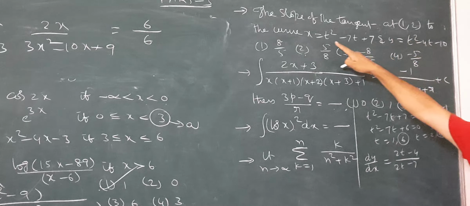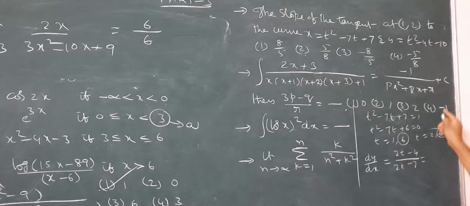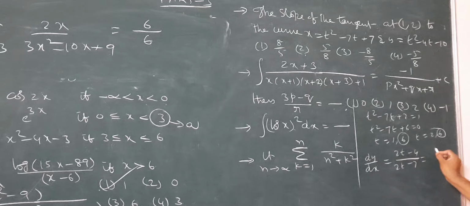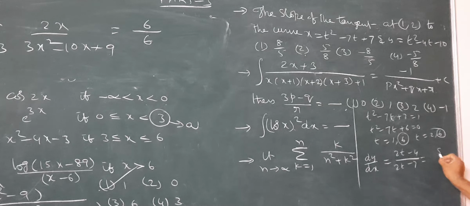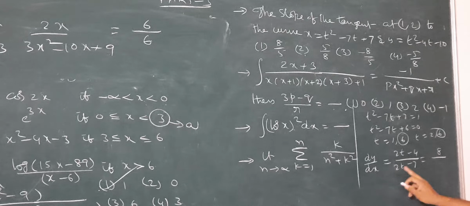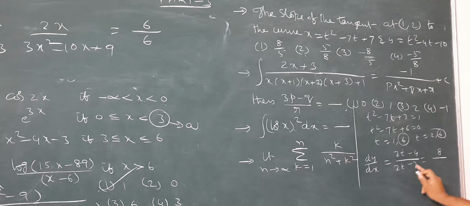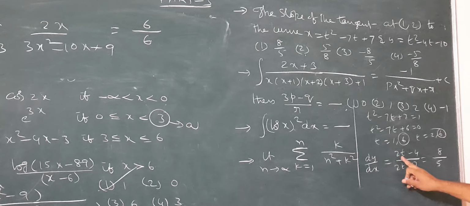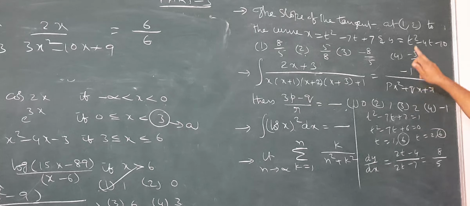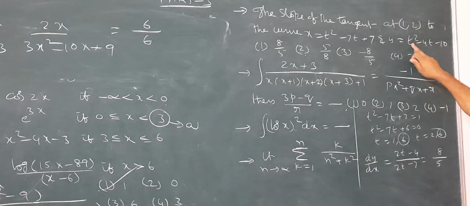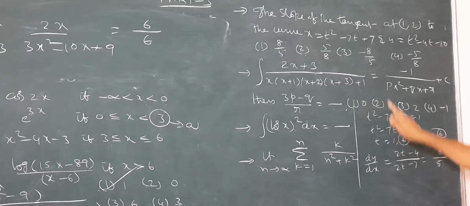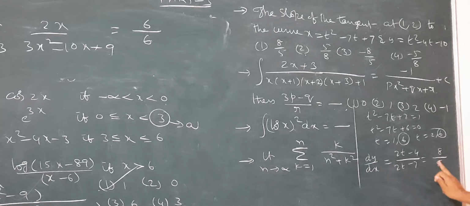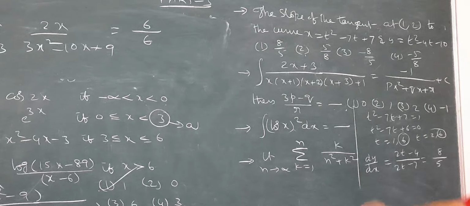Just substitute t equal to 6. 12 minus 4, 8, by 12 minus 7, that is 5. So 8 by 5. The derivative of y is 2t minus 4, derivative of x with respect to t is 2t minus 7. 8 by 5, answer is first option.